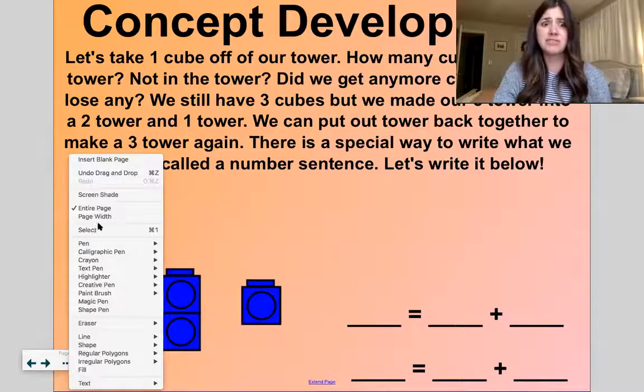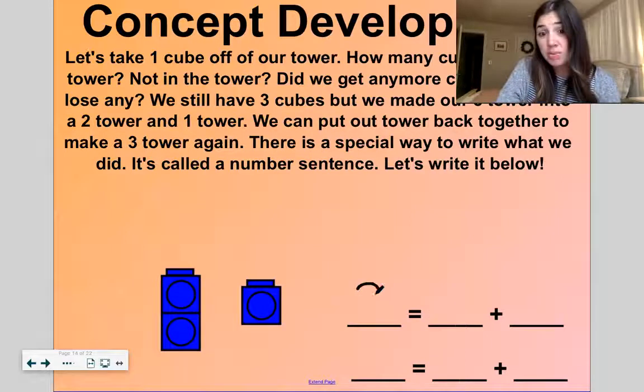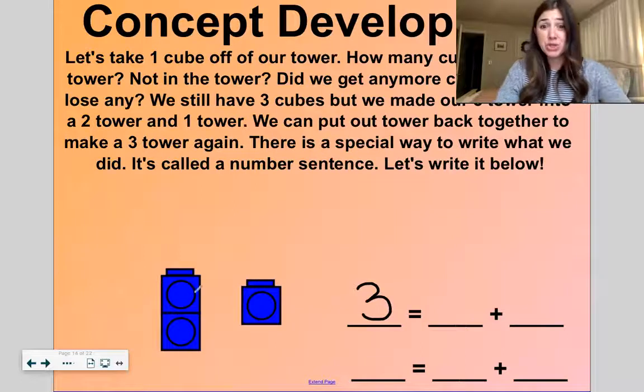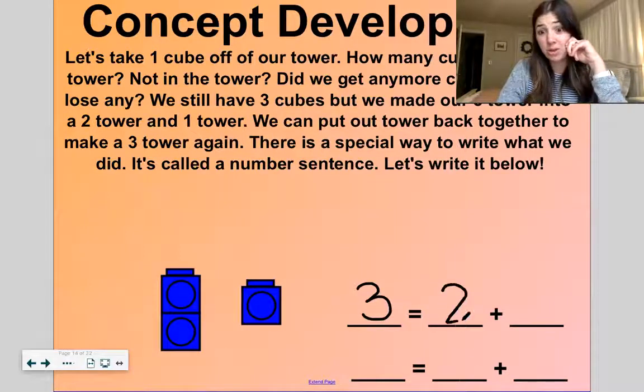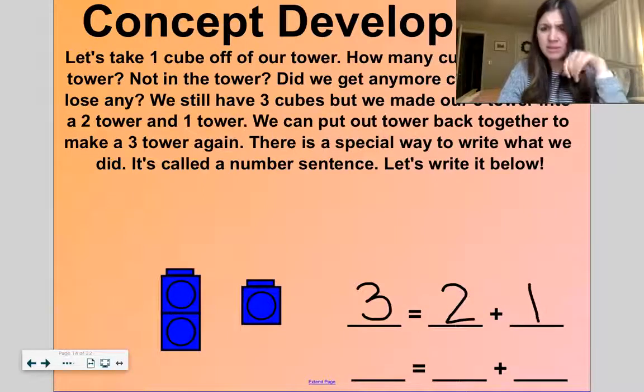So now this fancy schmancy thing you see over here, these are some symbols that we can use to make our number sentences. So if I started with 3 cubes in my tower, now I have 2 cubes right here. So I'm gonna write 2 cubes are still in my tower and 1 cube is off of my tower.